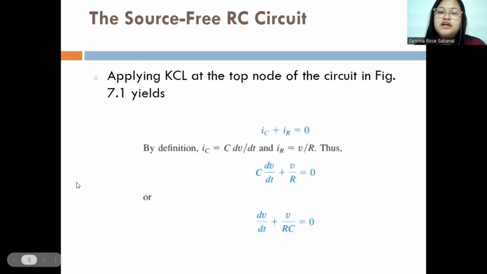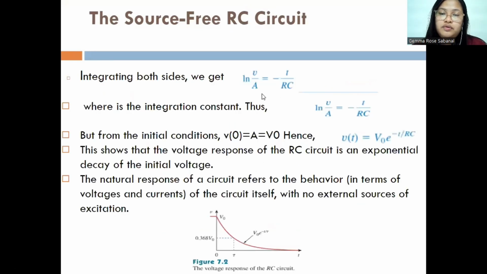For the source-free circuit, applying the KCL at the top node of the circuit in figure 7.1 yields this formula. We will integrate both sides, and we get this formula, where A is the integration constant.